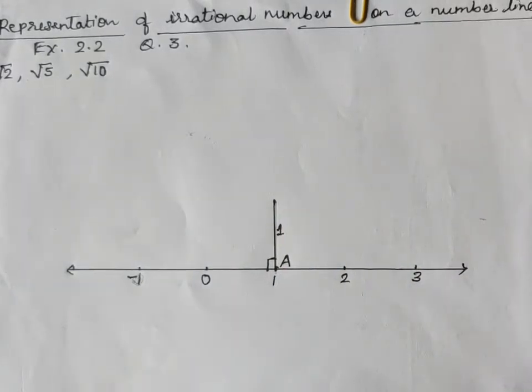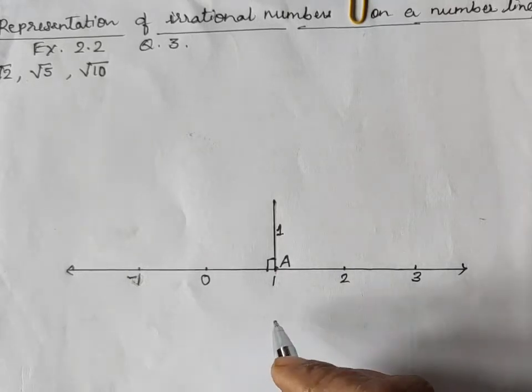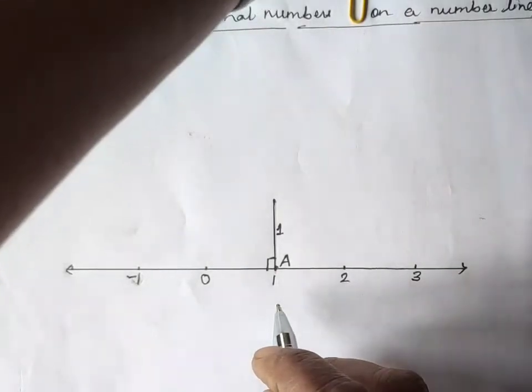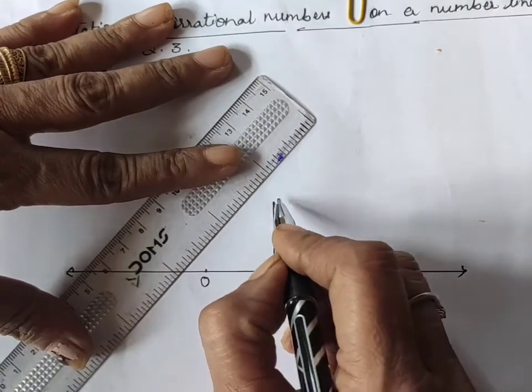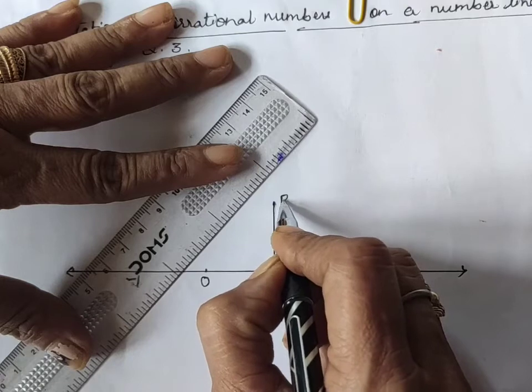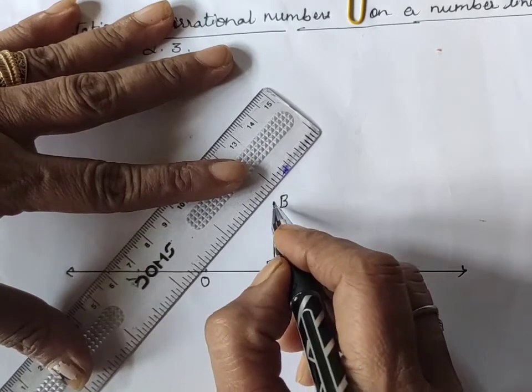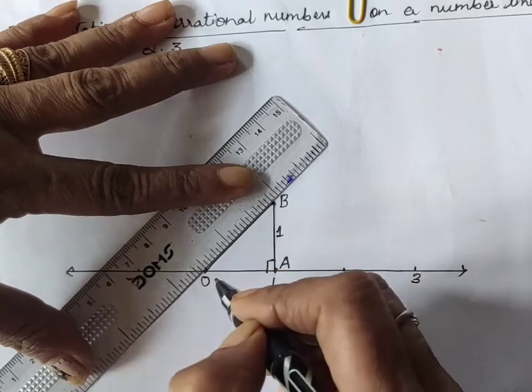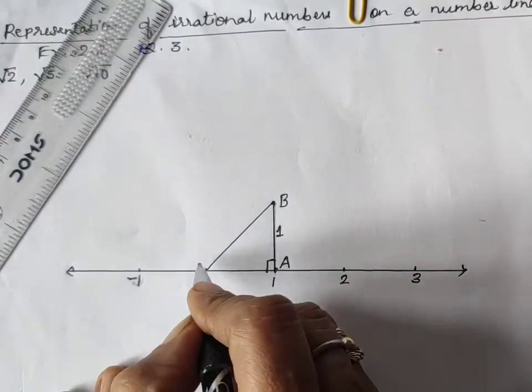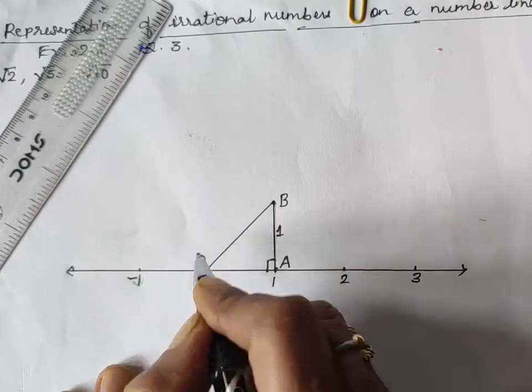Now you have to join 0 to this point. Suppose I name it OB. Join this B with the 0 coordinate, and suppose the name here is O.